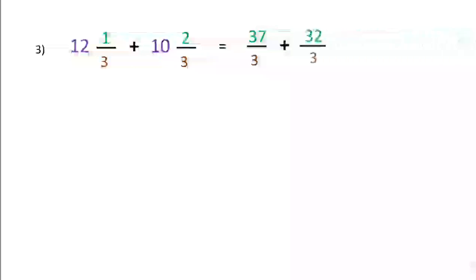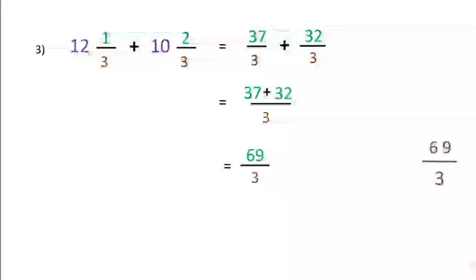Okay, next question. 12 1 by 3 plus 10 2 by 3. We add these two. 3 into 12, 36. 36 plus 1, 37 by 3, plus 3 into 10, 30. 30 plus 2, 32 by 3. Now add these two. 37 plus 32 by 3, that is 69 by 3.